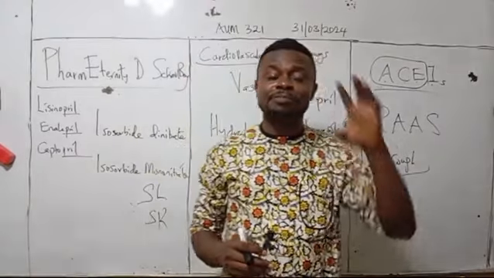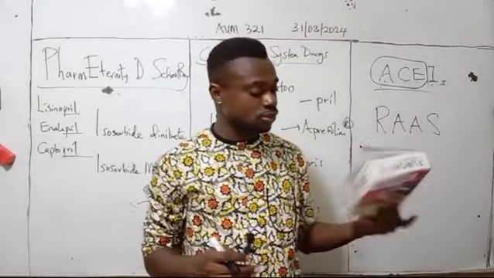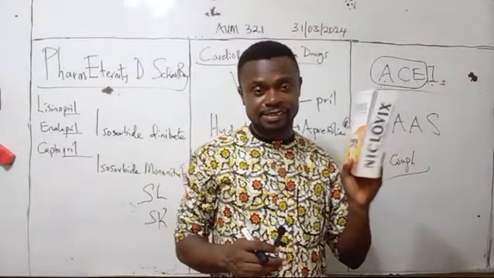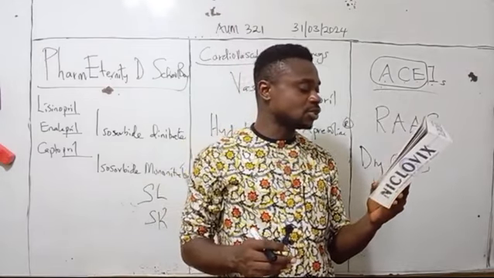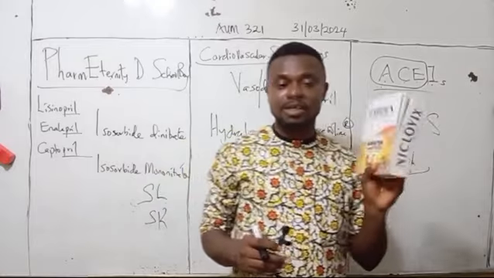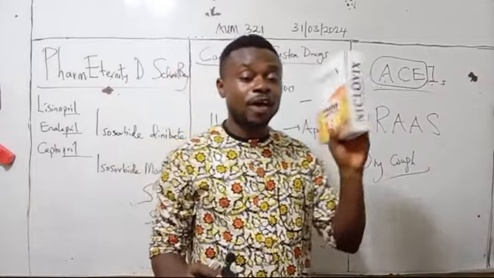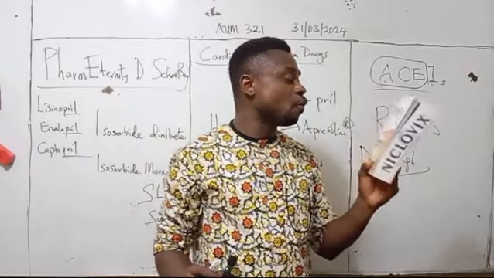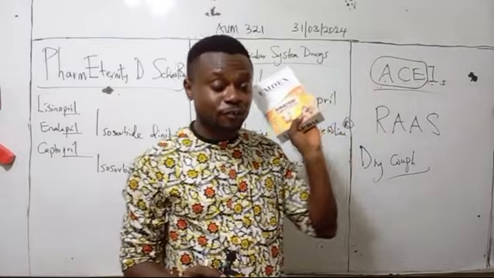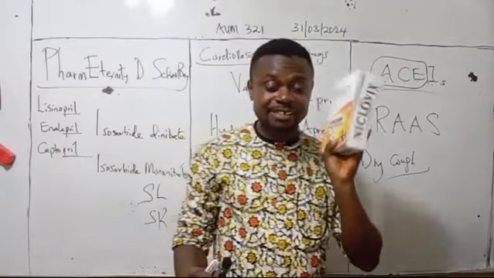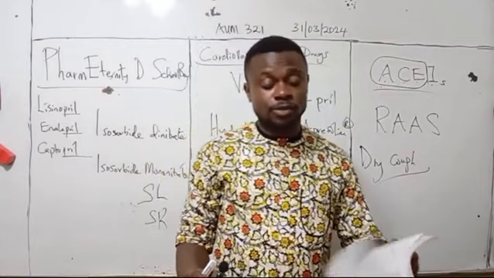We also have enalapril combined with diltiazem, here as 180 milligram. No matter whatever you are taking, you should not exceed in a day 40 milligram enalapril and 300 milligram diltiazem. Then we also have enalapril combined with felodipine.